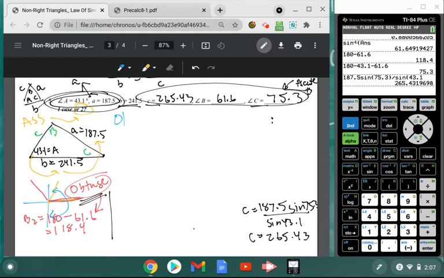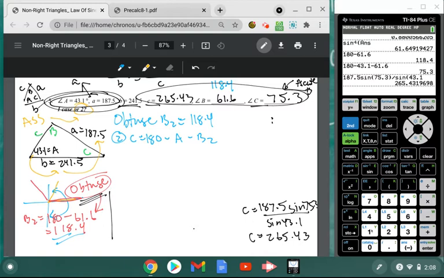So for the obtuse B, B2, which we found over here, 118.4, we can start with step 2 and find the new angle C. Angle C is 180 minus A minus B2.